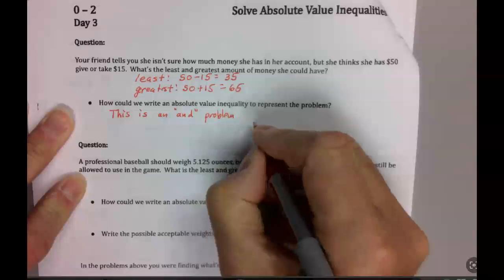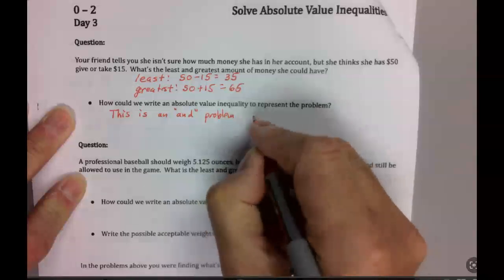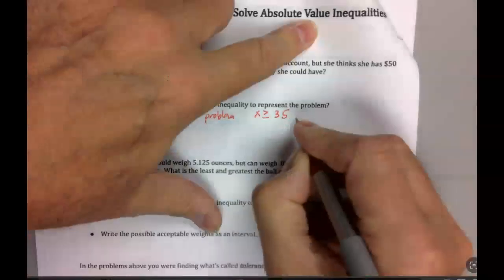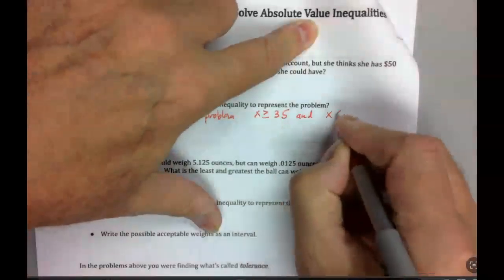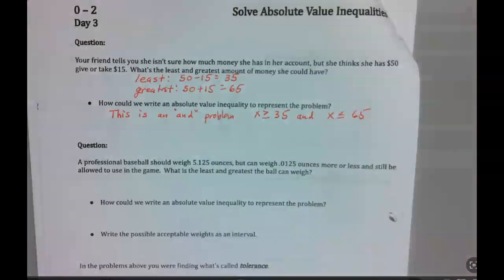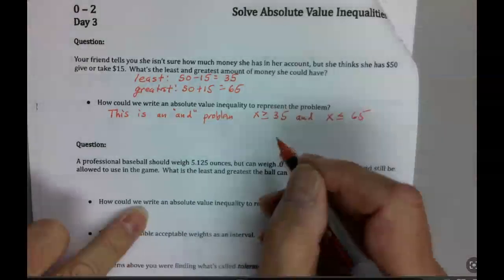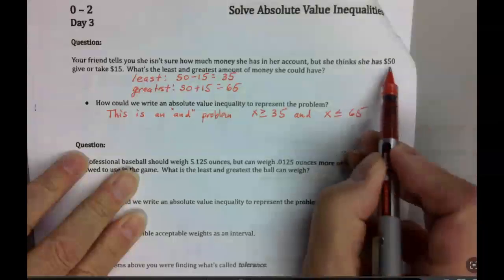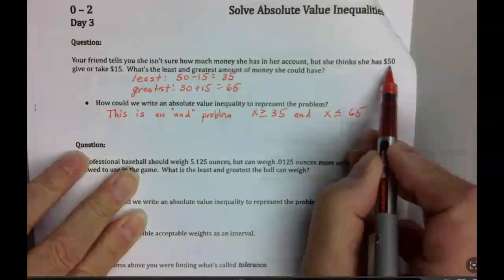So today we're doing applications where x is greater than or equal to 35 and x is less than or equal to 65. Everybody agree with me on that? Correct? So what was the ideal number she thought she had in her account? $50, correct?